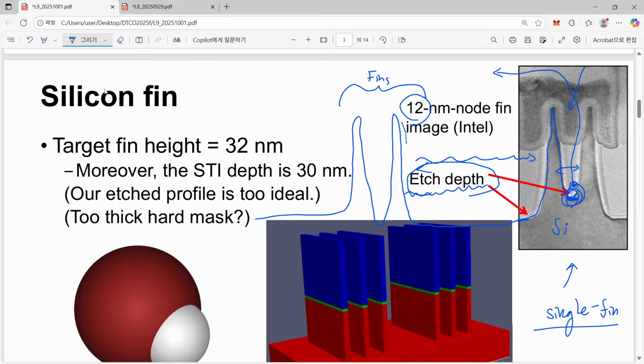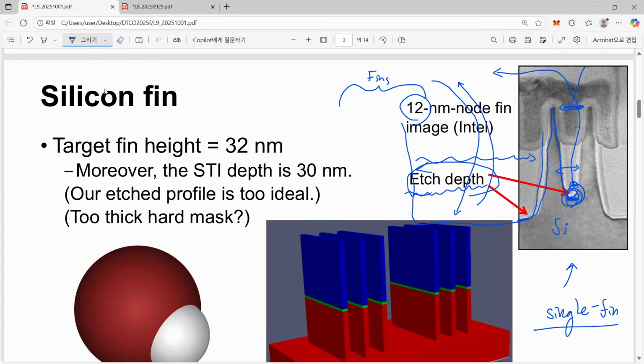But if we have a sufficiently wide structure, then it is easy to move into that part and also escape from that part. So if we have a wider window, usually the etch depth is deeper, and if we have a narrow opening, then it is difficult to have a sufficiently deep etch profile. So think about this one.